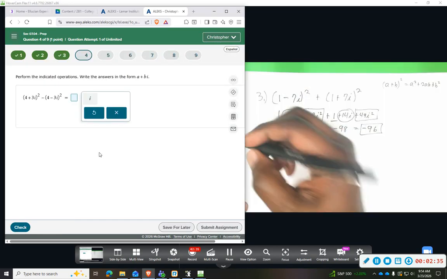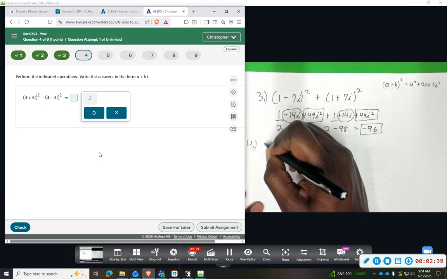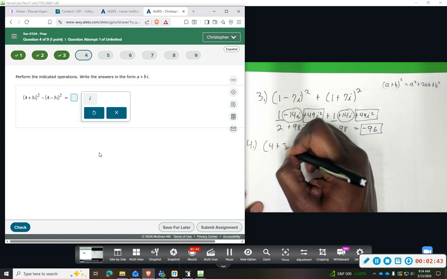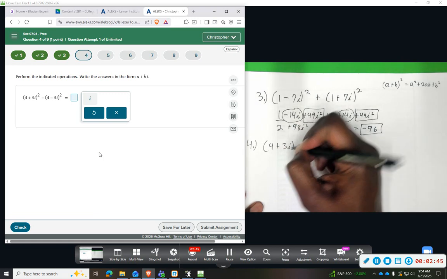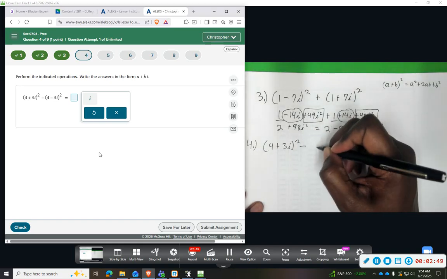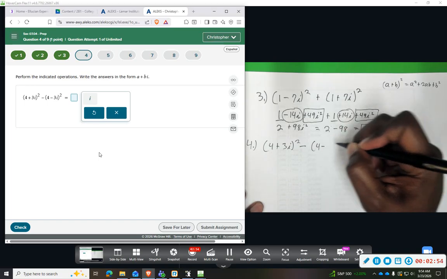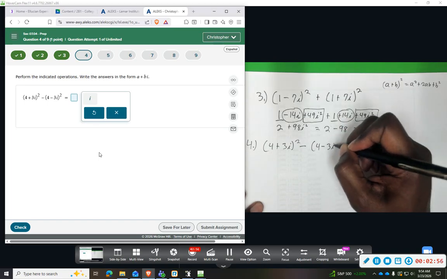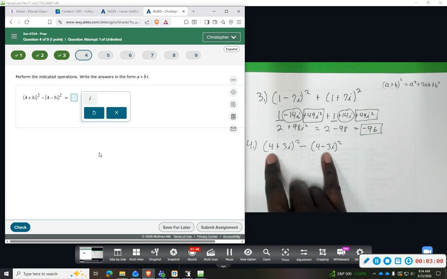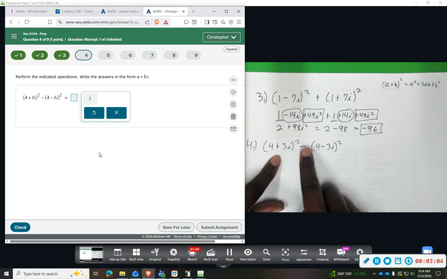All right, number 4 looks similar. 4 plus 3i squared, and then minus 4 minus 3i squared. Now, we can FOIL these, but again, this is similar to a squared minus b squared.